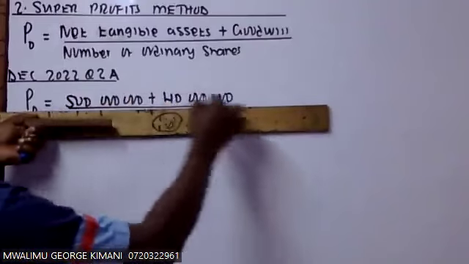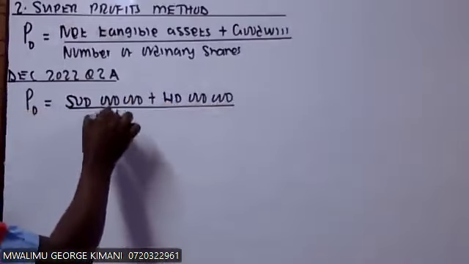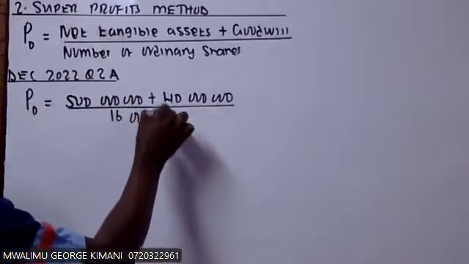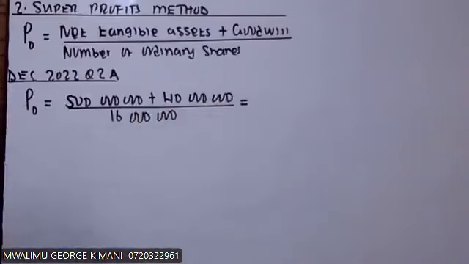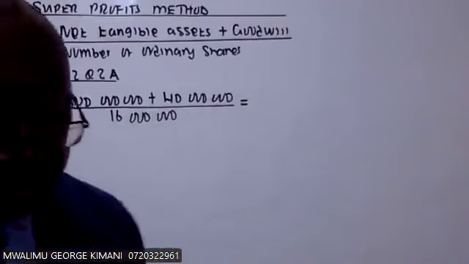Now you divide by the number of shares, which we already know is 16 million.